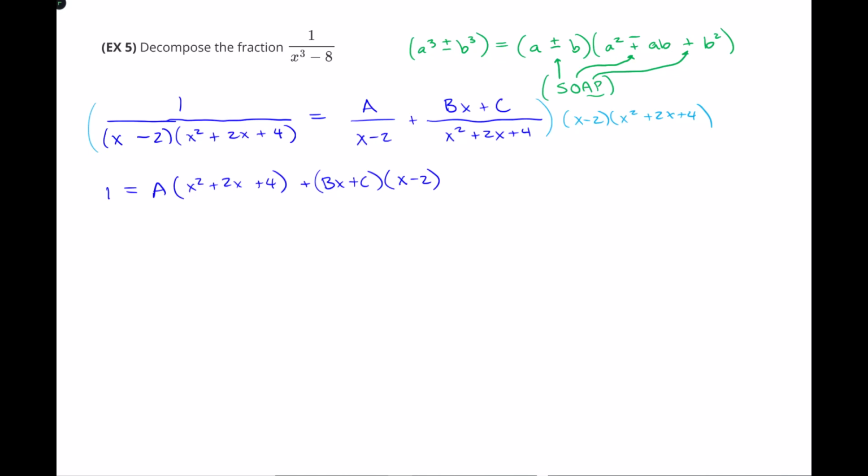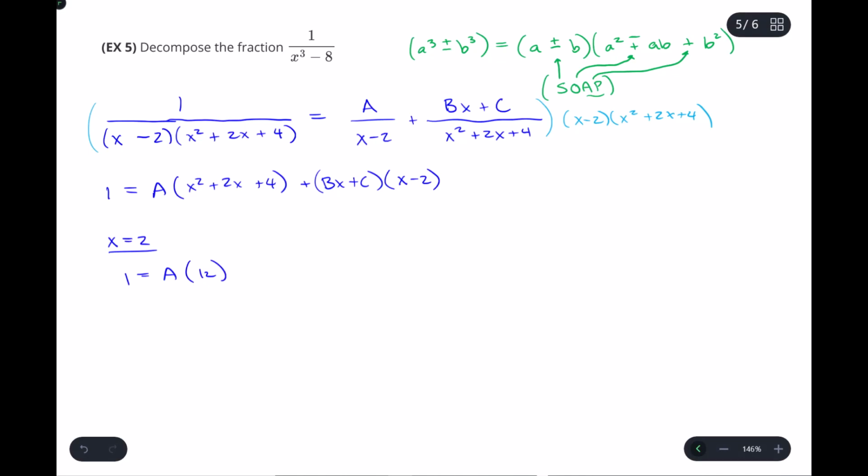Okay, so easy values to determine first. If I were to let x equal 2, that should get me somewhere. So that gives me 1 equals a times, let's see, 4 plus 4 plus 4, so that's 12. And this whole term goes to 0, because this would be 2b plus c times 0. So we get a equals 1/12.